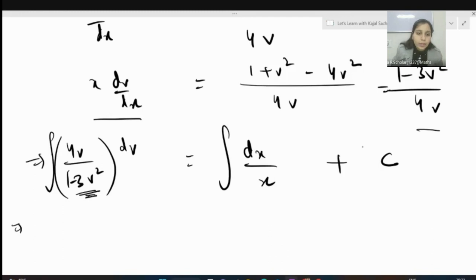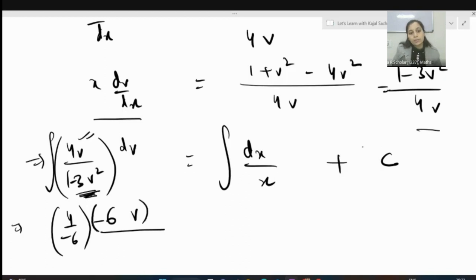So just make the differentiation of this in the numerator. How can we make it? We want minus 6v, so multiplying by minus 6 and dividing by minus 6 into v. We have adjusted the term above by multiplying by minus 6, taking 4 common and dividing by minus 6, and below is 1 minus 3v square dv.